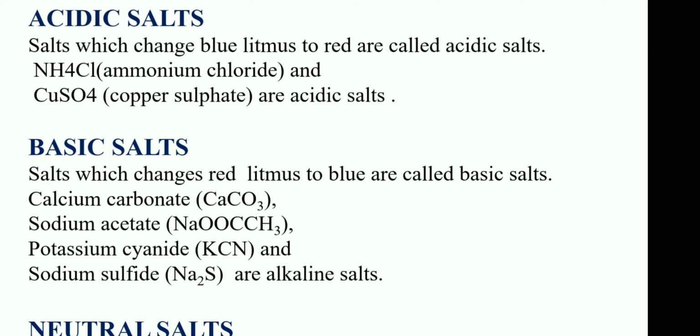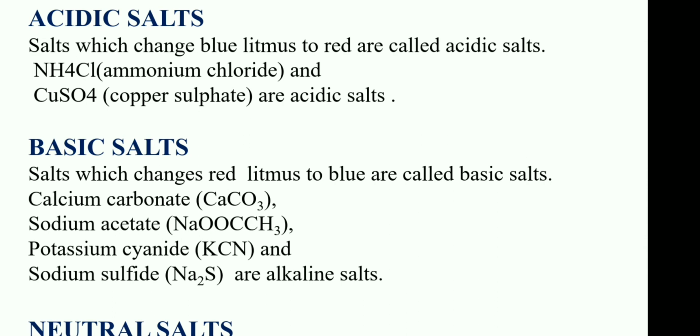Salts which change blue litmus to red are called acidic salts. Examples are ammonium chloride and copper sulfate. These are acidic salts. Salts which change red litmus to blue are called basic salts. Examples are calcium carbonate, sodium acetate, potassium cyanide, sodium sulfide.